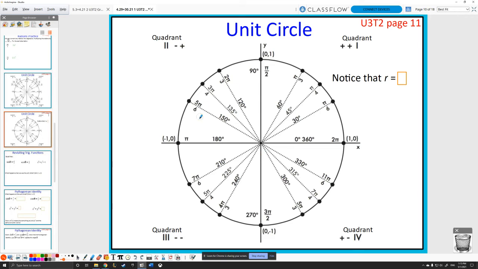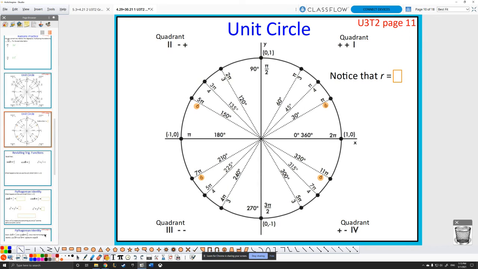Okay, again, this looks complicated. We can see all the pi over sixes are here, and you'll notice that they're all pretty close to the x-axis, right? And that's not just intentional, but that makes sense because if I were to create a right triangle with these sixes, they all share this common angle.